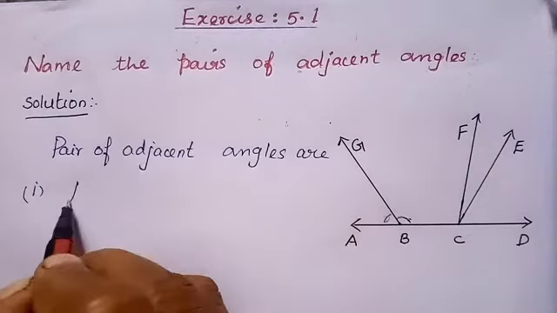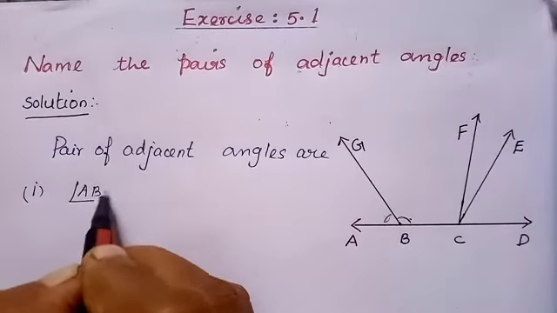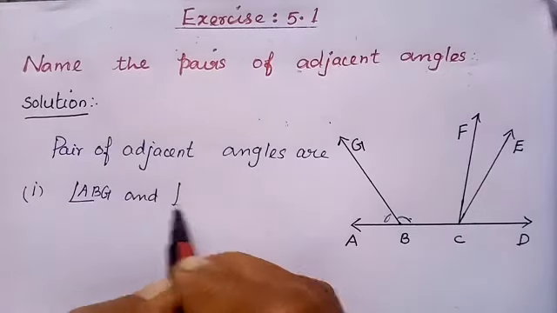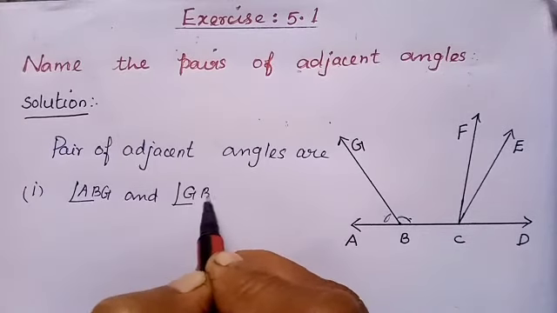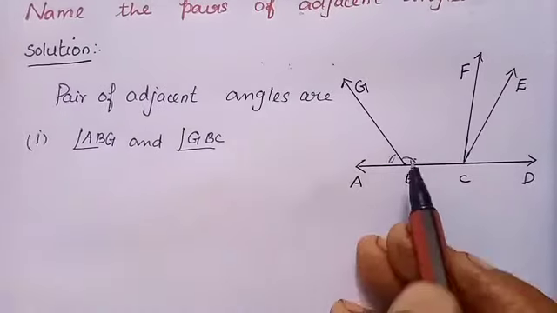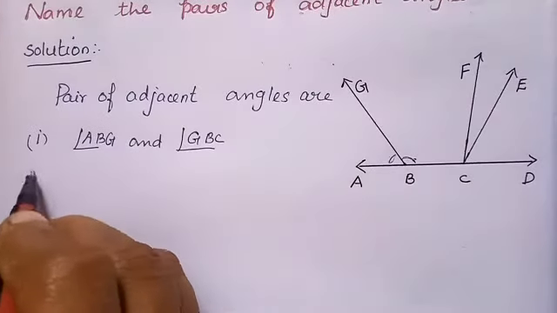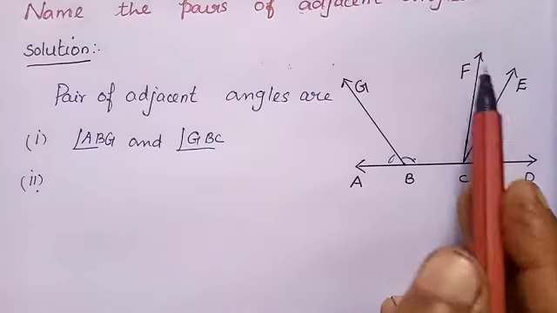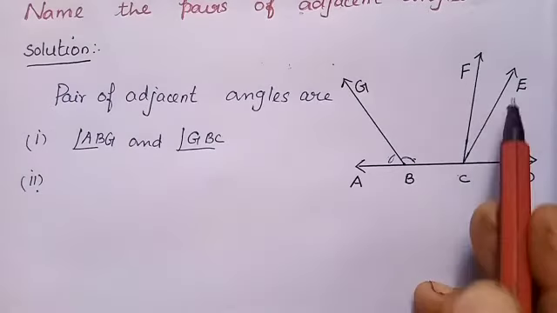Angle ABG and angle GBC. These two are adjacent angles. Then the second pair of adjacent angles, BCF and FCE.